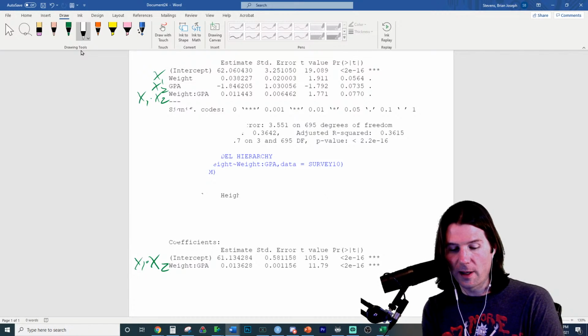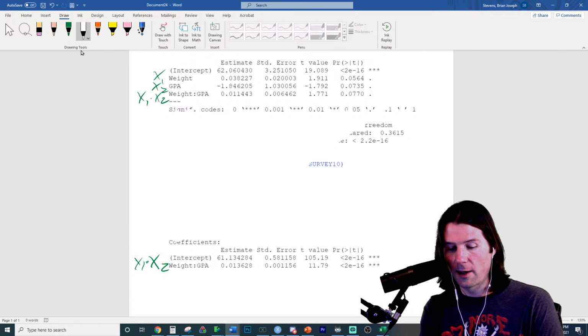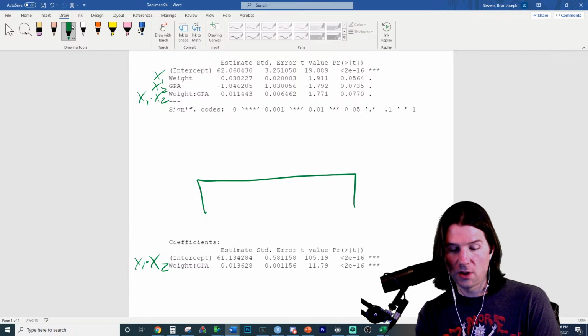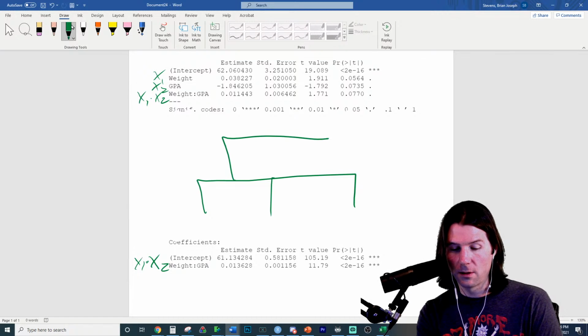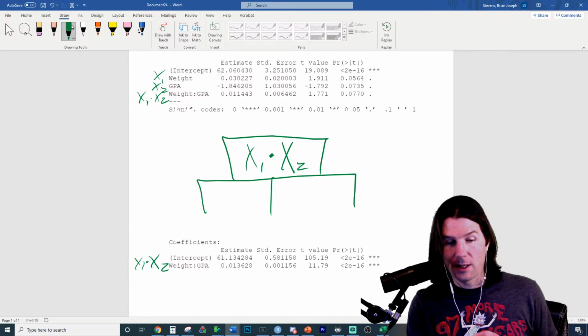So the way in which we use model hierarchy is the following. This is really good, just understanding of model hierarchy that we can draw out here. When we think of model hierarchy, if we have a tower that goes to the x1, x2 interaction, what do we need in our model to get to the x1, x2 interaction?